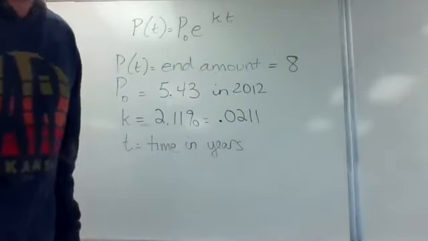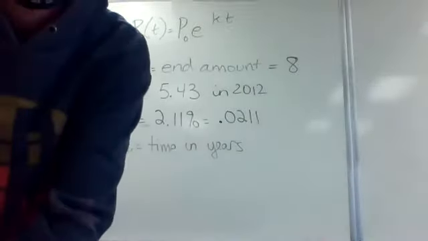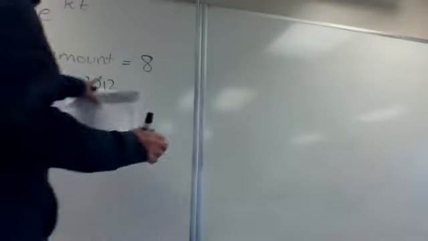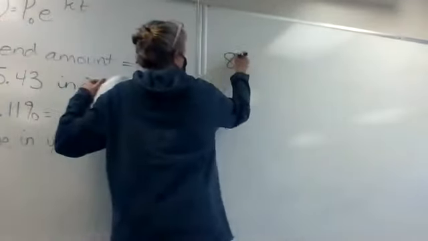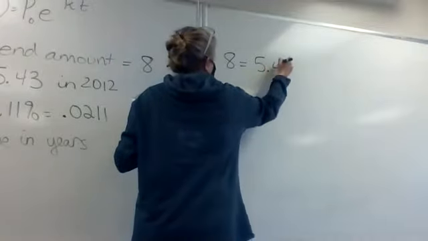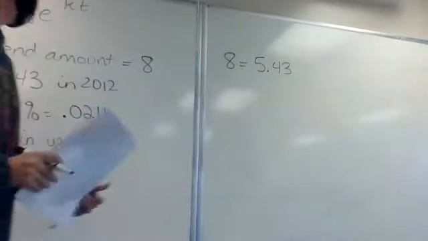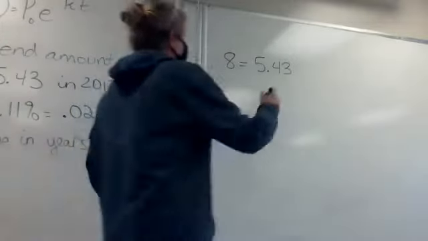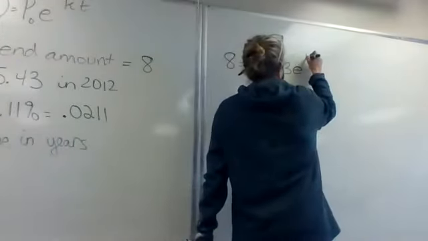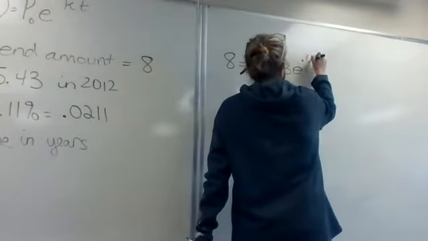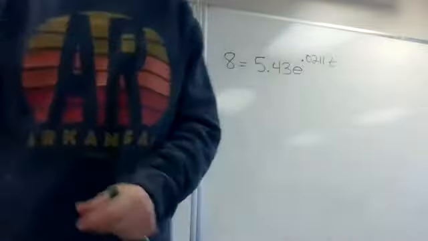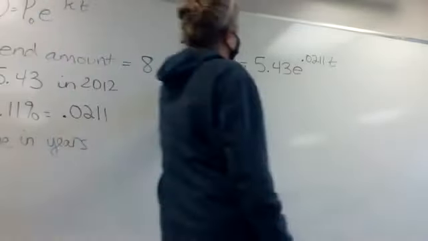So look what happens here. I know the end amount, which comes on the left. The beginning amount is still 5.43. The K, or E to the K, hasn't changed. T is what I'm looking for. I'm looking for how long it took to get to 8 million.